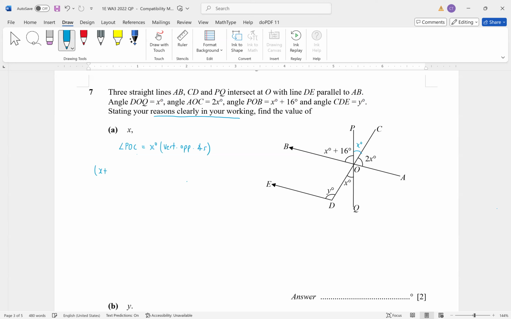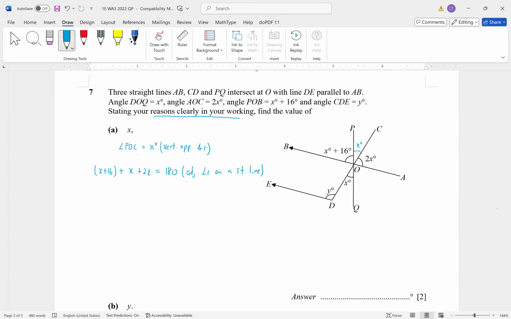Therefore, X plus 16 plus X plus 2X equals 180. The property is adjacent angles on a straight line, which always sum up to 180.